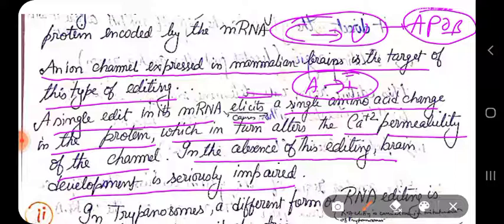The ion channel expressed in the mammalian brain is actually subjected to editing.